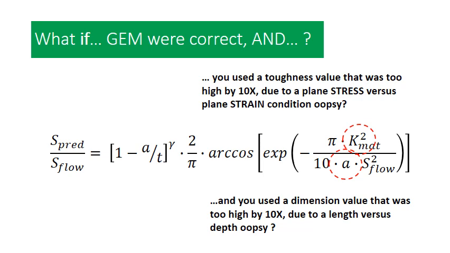Now let's think about what might have gone wrong here. Let's hypothetically consider if, and this is a big if, this is for discussion, what if my GEM model were actually correct? But somebody accidentally used a toughness value that was too high by 10 times because they had a bit of a plane stress versus plane strain oopsie.